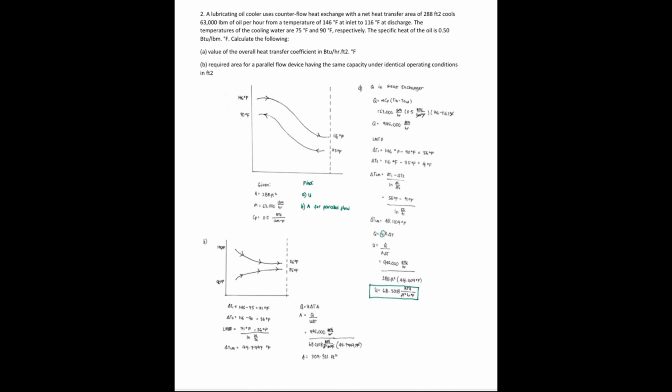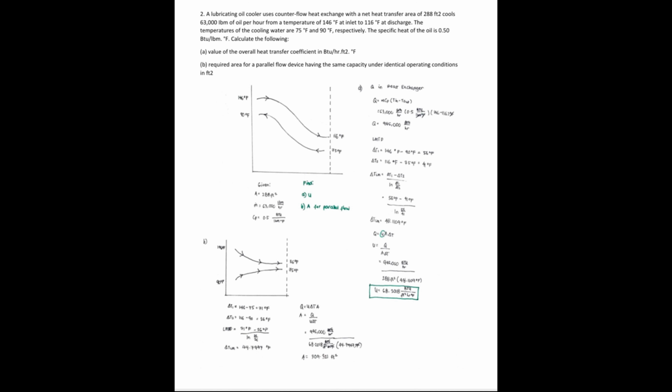So for this problem, same lang siya sa nauna, but we have to get here the overall heat transfer coefficient. So that is denoted by letter U. U yung symbol niya. So saan natin makukuha yun?